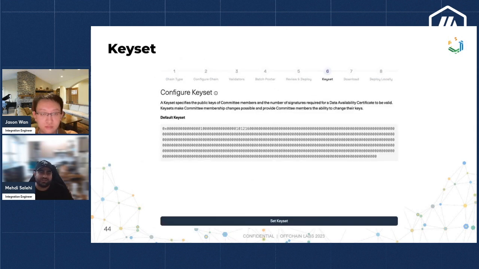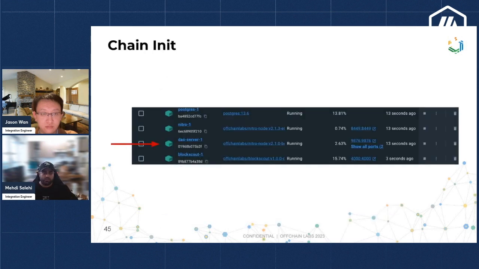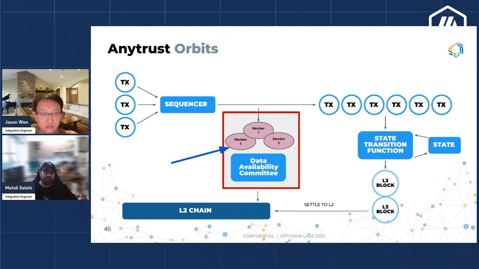The other part that is different is the key set. You need to set up your key set, and the reason is, if you remember, I said that you need to set up your chain with a data availability committee. As I said, for each batch, these members need to attest that they have the data and keep the data, and do some kind of aggregated BLS signature and send it back to L2.